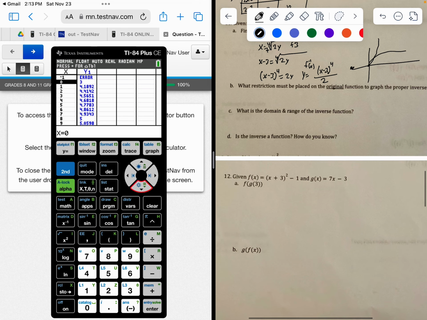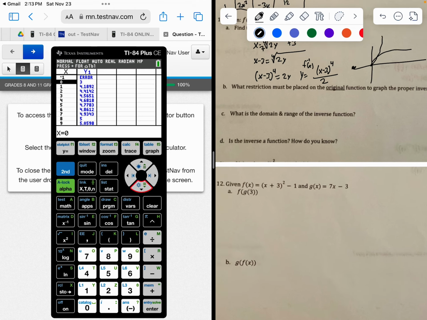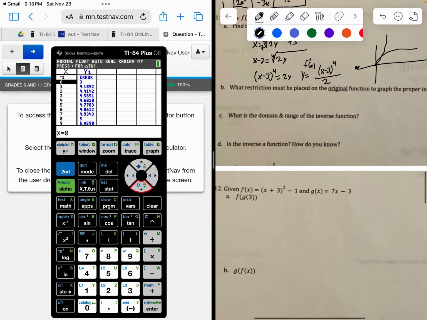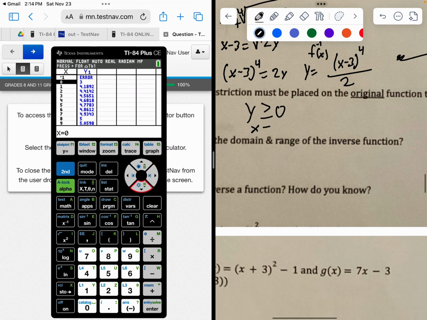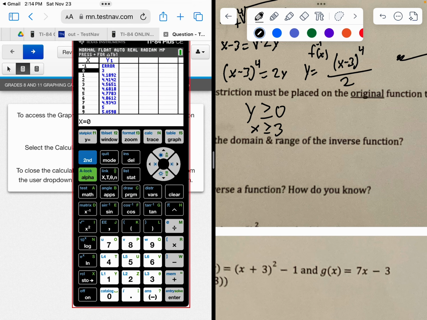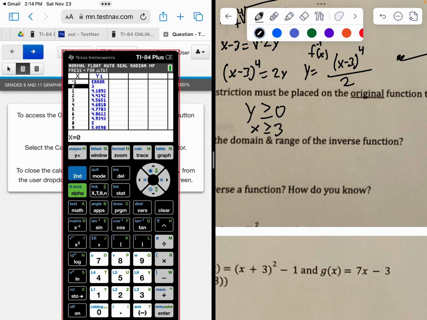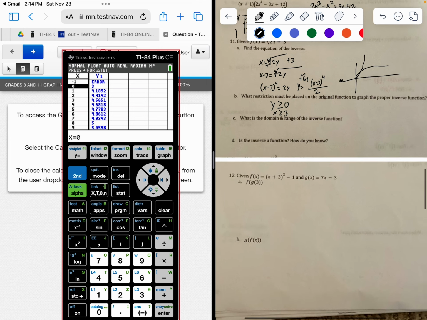So the restriction, we're going to have to say y must be greater or equal to 0, and x must be greater or equal to 3. Because in the calculator over here, x is greater than or equal to 0 in the real function.